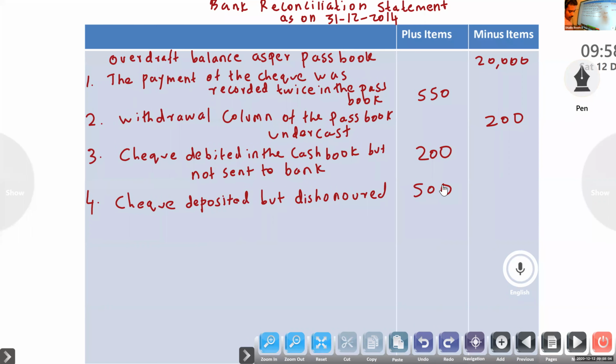But I didn't write one more, fourth one. Look, a check debited to the bank column of the passbook. You look, debited in the passbook, but here it is wrong.